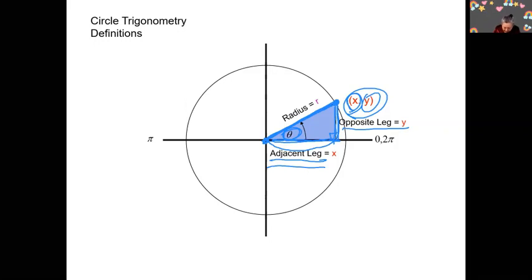Okay, once again, clear all of this. Now, we designated one angle of that right triangle inscribed inside of the circle, and we call it theta.